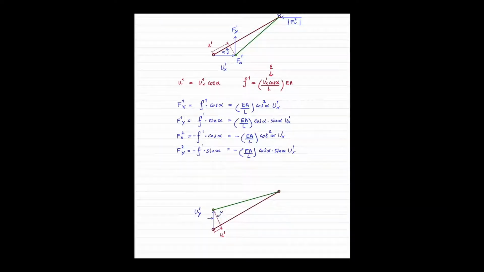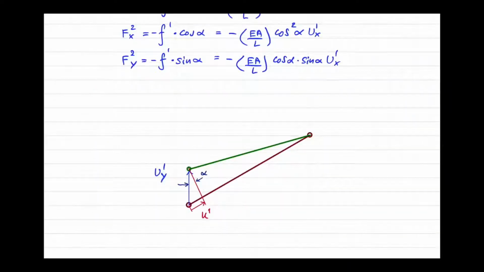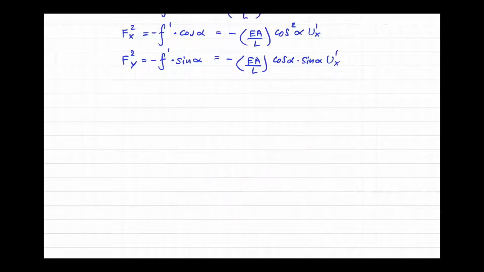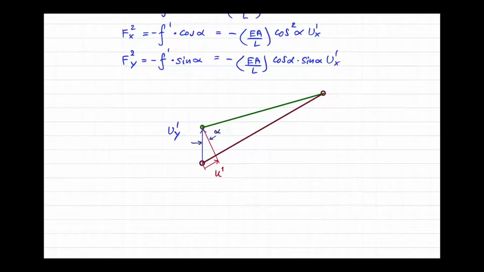So first of all, we need to write down the relationship between u1 and uppercase U1y, like so. Now we know the axial deformation caused by uppercase U1y. We can calculate strain.